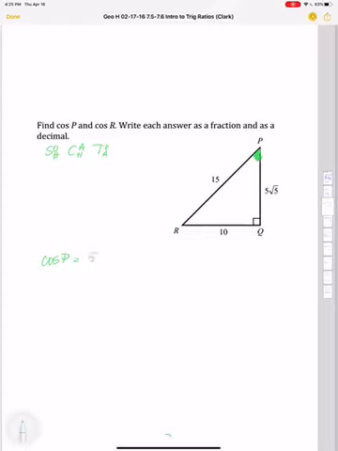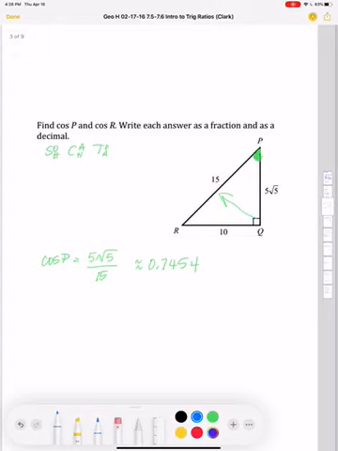So that's 5 root 5. And the hypotenuse is across from the 90-degree angle Q, so that's 15. So that's the problem as a fraction, and then as a decimal, I could put this in my calculator, and you get 0.745, rounding up, 4.